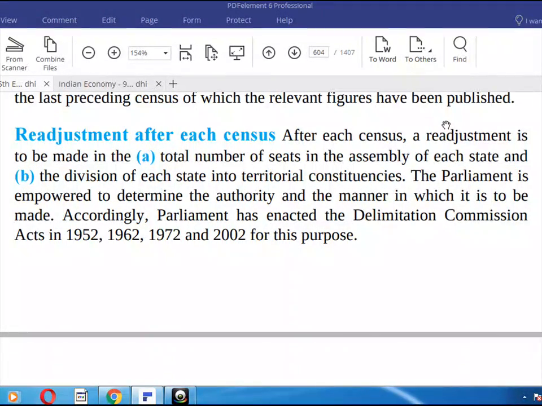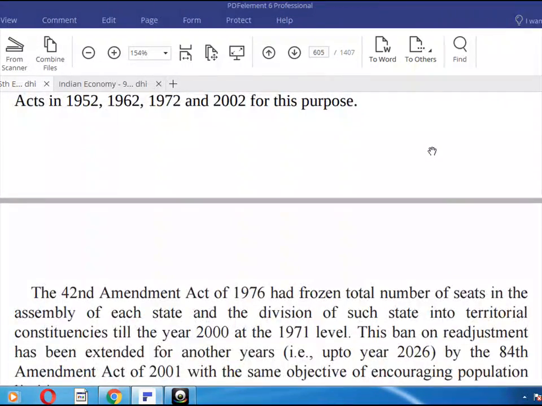The Parliament is empowered to determine the authority and the manner in which it is to be made. Accordingly, the Parliament has enacted the Delimitation Commission Acts of 1952, 1962, 1972, and 2002 for this purpose.